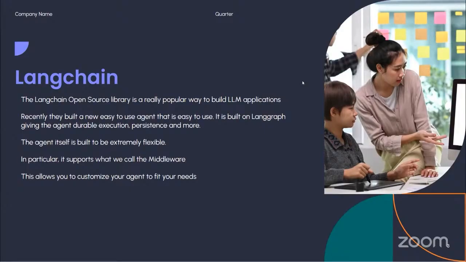That's why we introduced something called memory. Memory allows the agent to persist state between two different calls so that the agent can be much more usable.